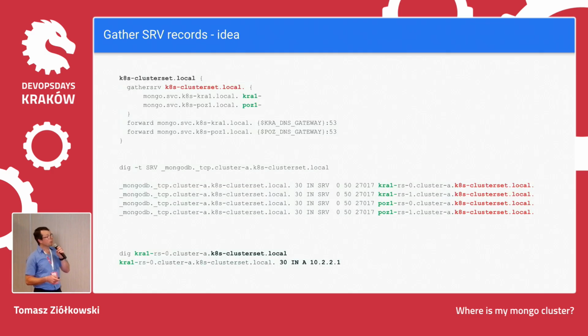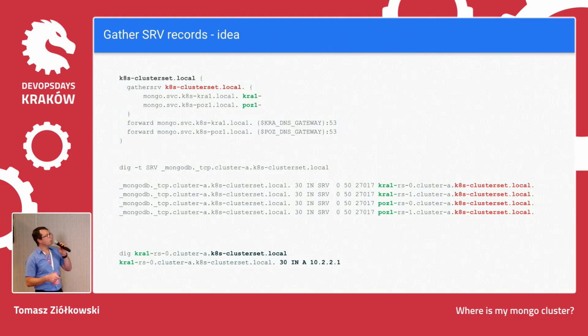So here we have a snippet of the configuration, and our plugin Gather SRV is configured to handle all requests that are in the Kubernetes cluster set.